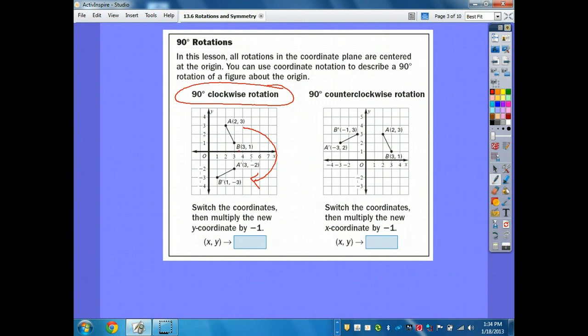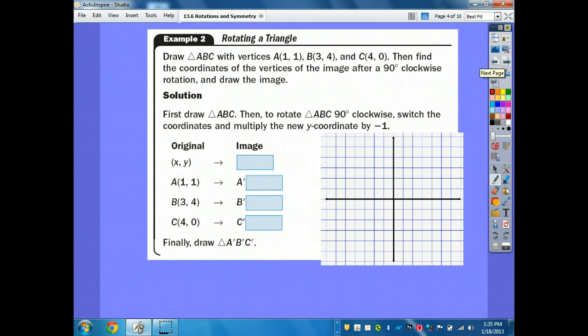In rotations, and then over here we did a 90-degree rotation counterclockwise, you have to have the ordered pairs. And anytime you see rotate 90 degrees, automatically take your ordered pairs and flip the x and the y around. Flip every number around, and then we're going to have to change one. And what does that mean? I'm going to show you right here.